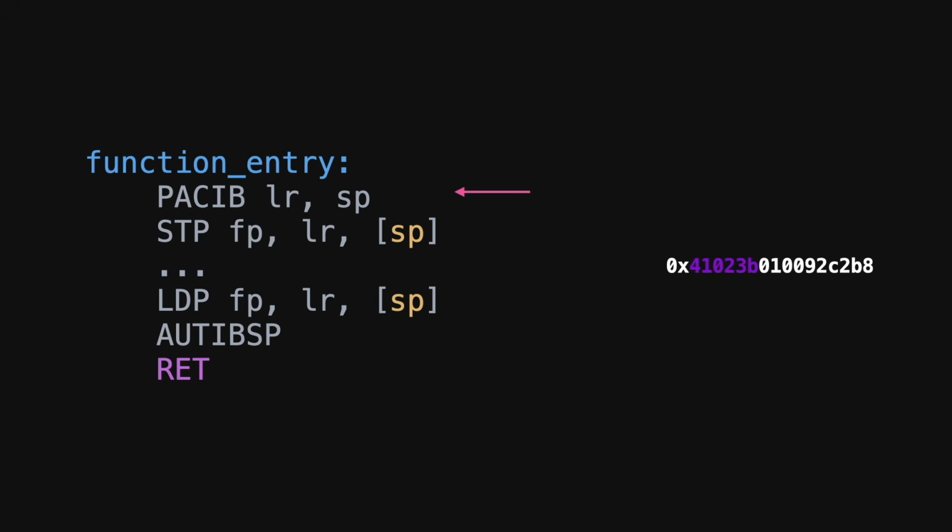If an attacker overwrites the return address with a gadget, that address was either never signed at all or signed in a different context. Either way, the signature won't match the current context. Then the auth instruction will detect this, causing the program to crash instead of jumping to the attacker's gadget.